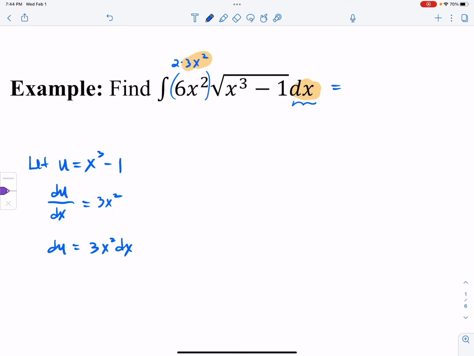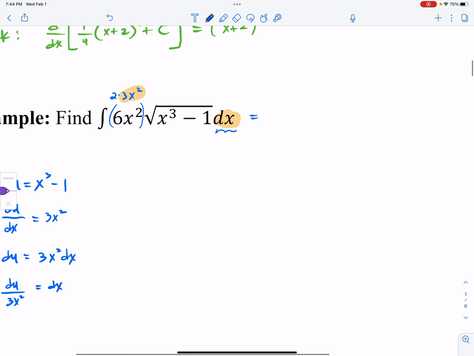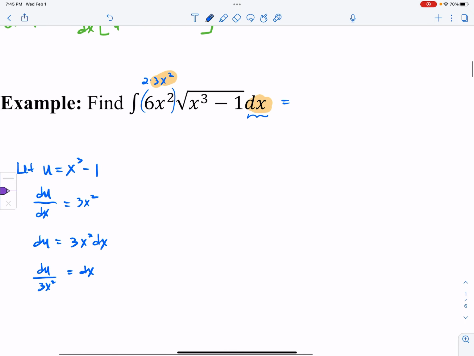You can always solve for dx. We'd get du over 3x squared. And then we've let u equal to x cubed minus 1, and we still have 6x squared. So this will be the square root of u.